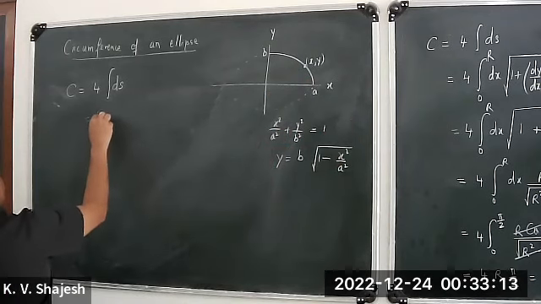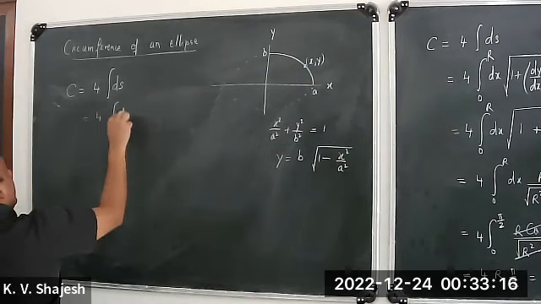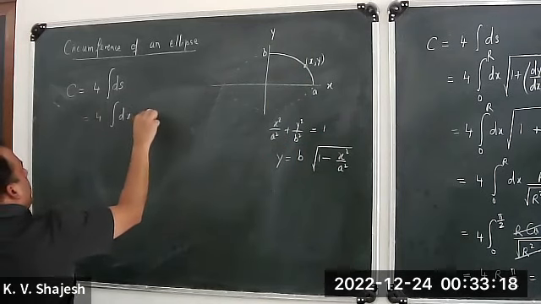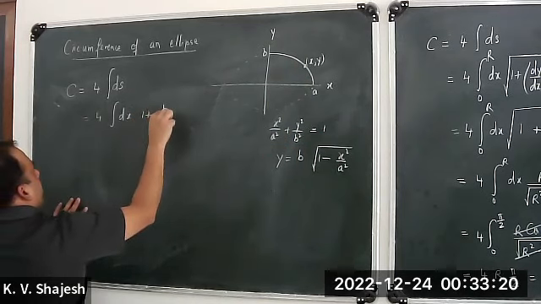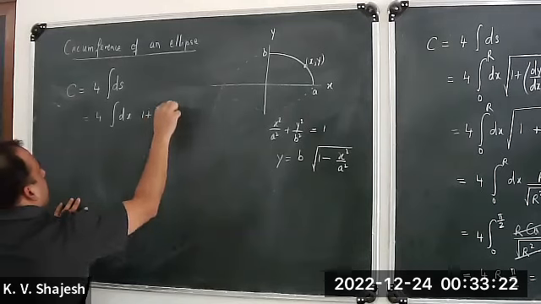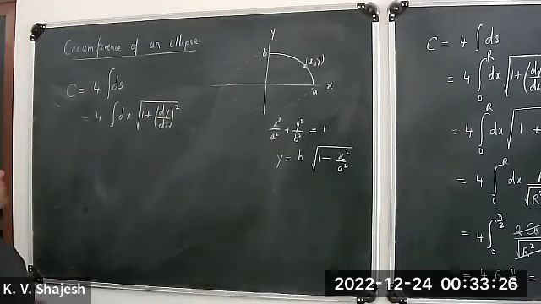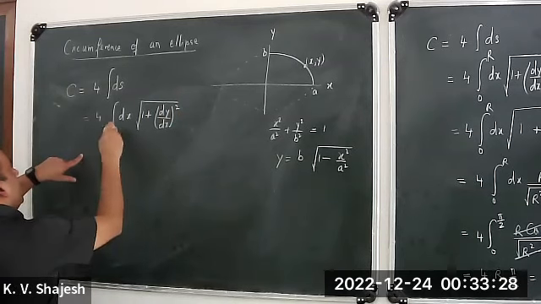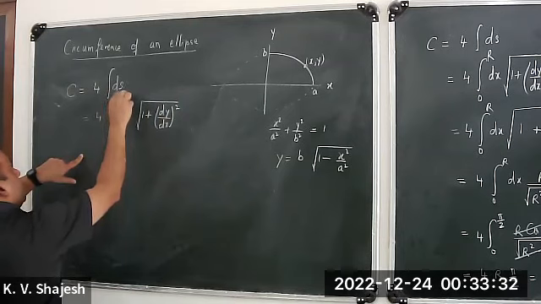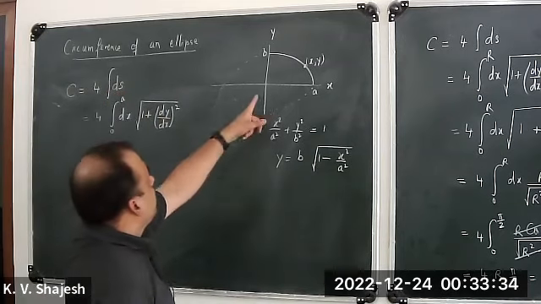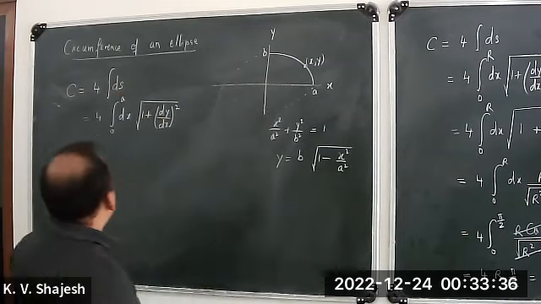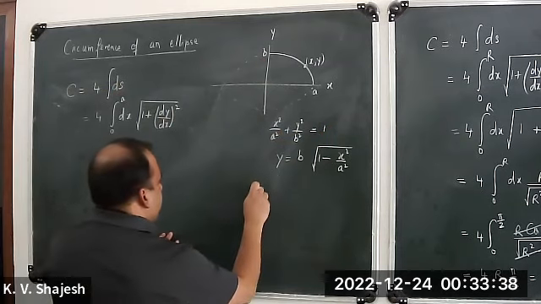This is equal to 4 times the integral over dx of the square root of 1 plus dy by dx squared. So information about the slope everywhere on the curve gives us an idea of the perimeter. And this time we have to go from 0 to a, right? So 0 and a. What is dy by dx?